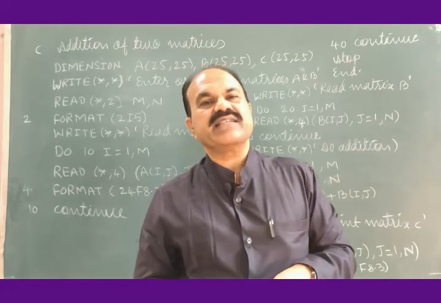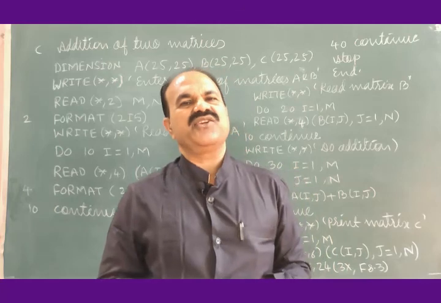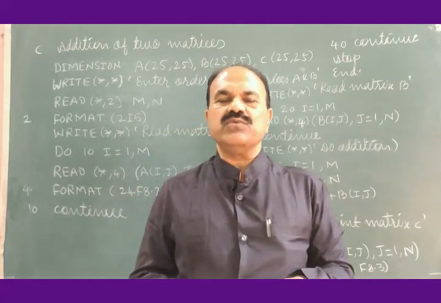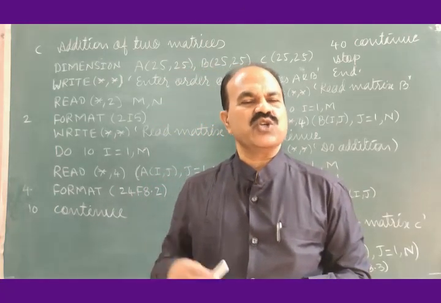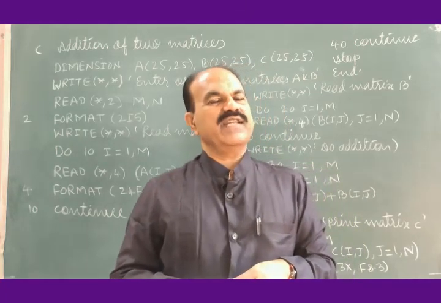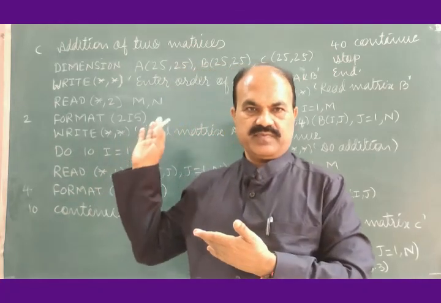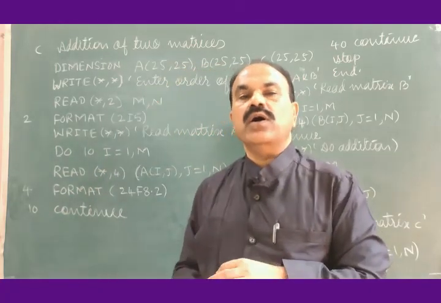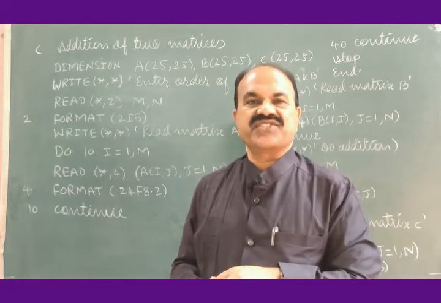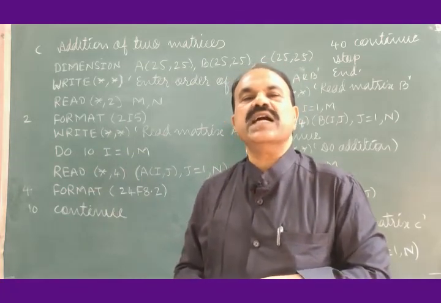Adjoint of a matrix, transpose of a matrix, so many things are there. As I told in the earlier lecture, we are not going to perform all sorts of algebra of matrices, as it is not required for the syllabus. Otherwise, I would have loved to go for all the algebra of matrices and the programs for these.